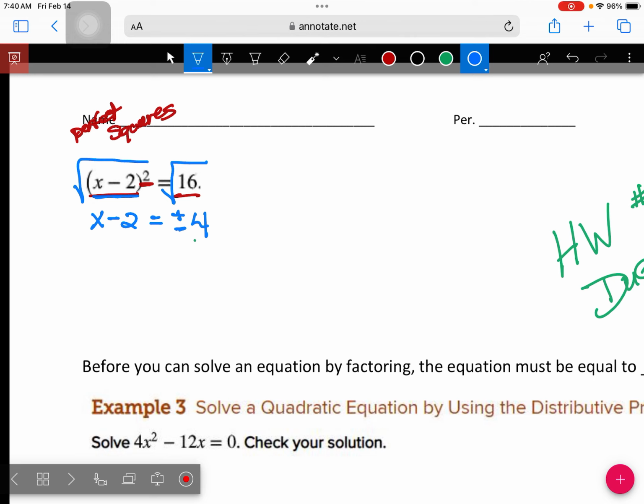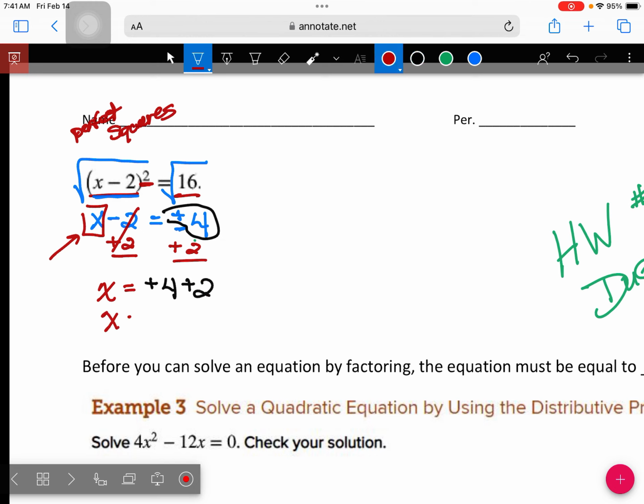Okay? So we are trying to solve for x here, because now we are dealing with equations. So we want to isolate and get x by itself. So I am going to add 2 to both sides. Okay? So x is going to end up being 2 different answers. I'm going to take the top answer first. So that means the positive 4. So this was positive 4 plus 2.